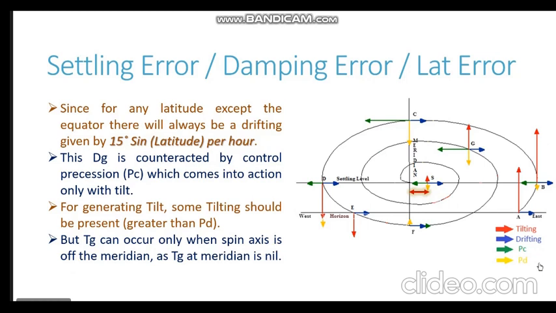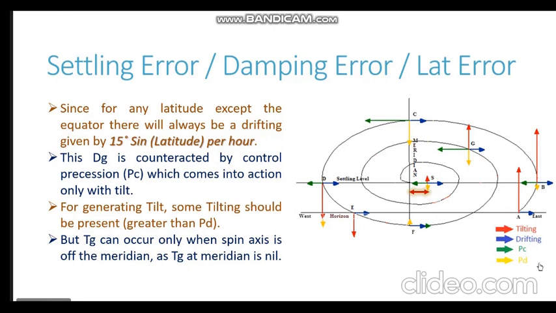The formula for tilting involves sine of azimuth. So 15 degrees sine of azimuth cos of latitude. If the spin axis is pointing in the meridian, the tilting would be 0. If tilting is 0, there will be no tilt generated. If there is no tilt generated, there will be no control precession.